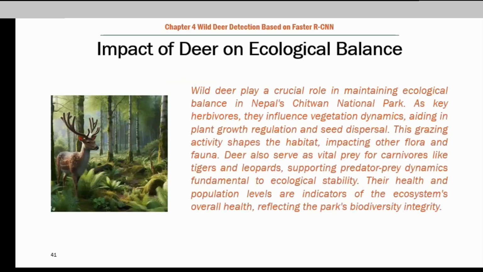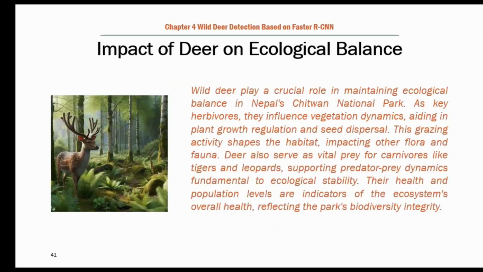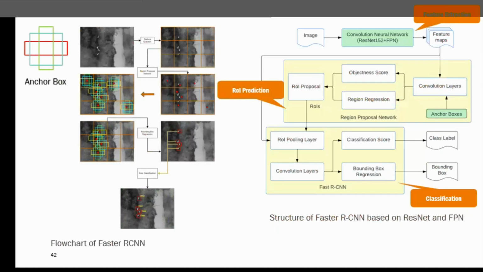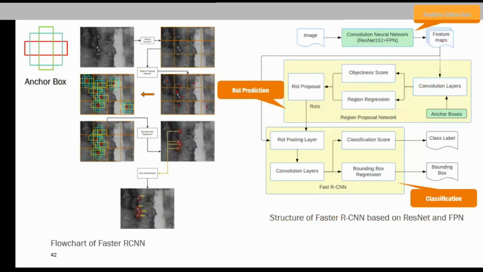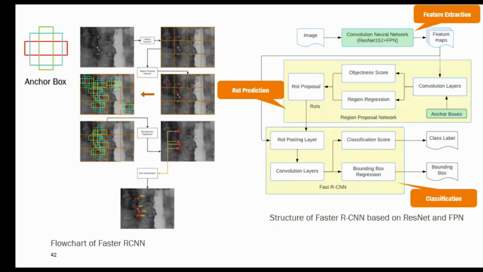A very important task in my research is monitoring wild deer in the Chitwan National Park. Monitoring wild deer happens in a relatively small region. Therefore, the detection of wild deer doesn't require too much speed, but the detection accuracy is more of a concern because the detection results will be used to estimate the deer population by ecological scientists.